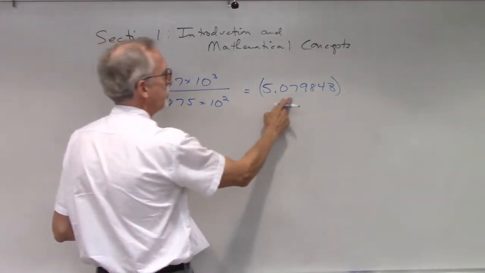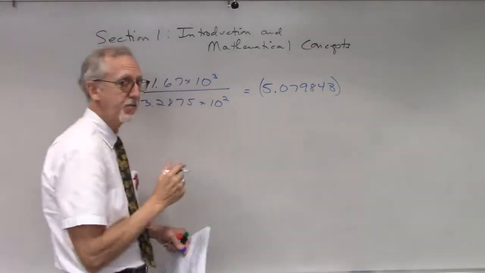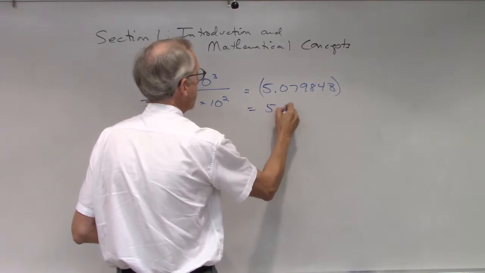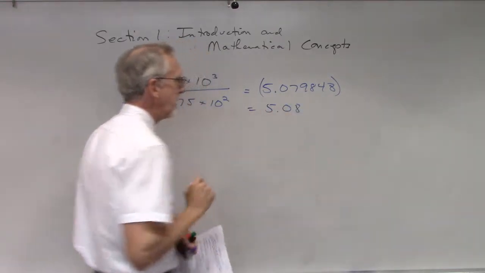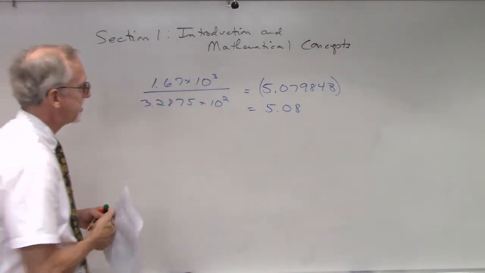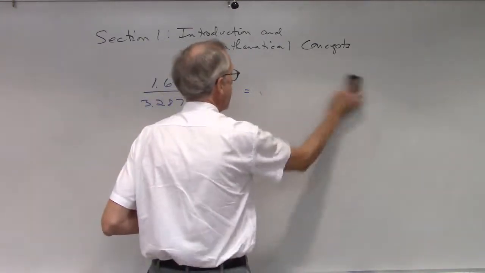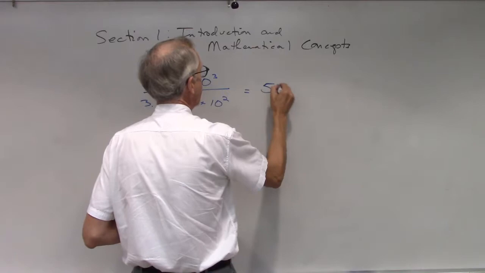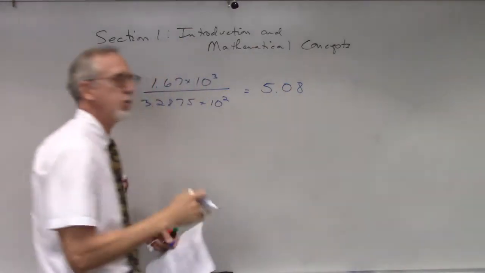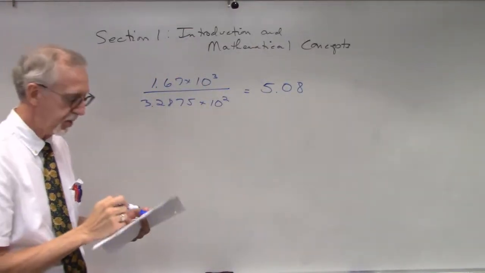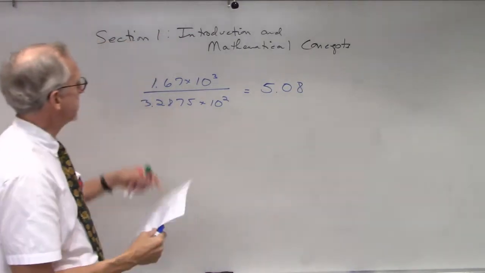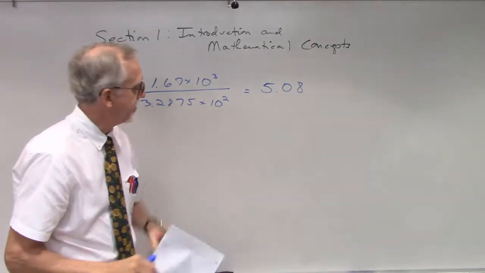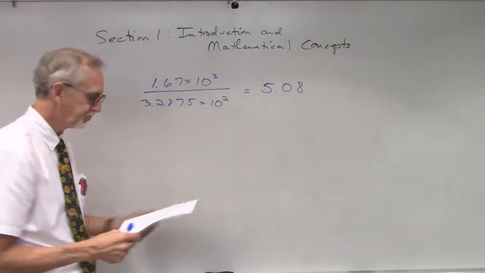So what is 5.079848 to 3 sig figs? It is 5.08. Again, rounding up. You don't need to always write down the complete number and then show how it rounds up. We would just leave it like that and say the answer is 5.08.